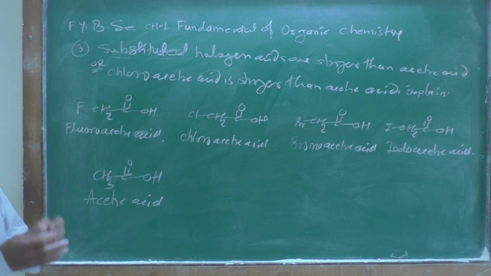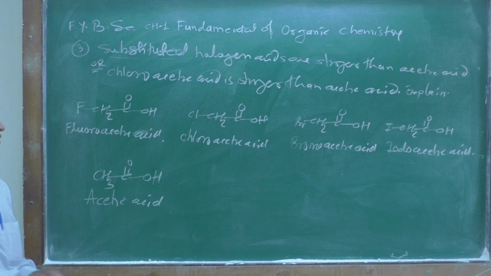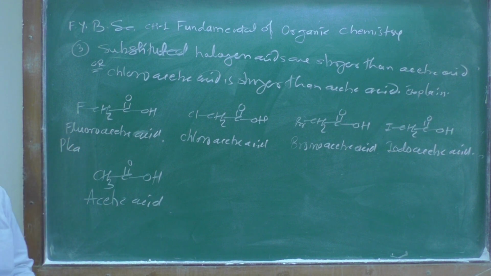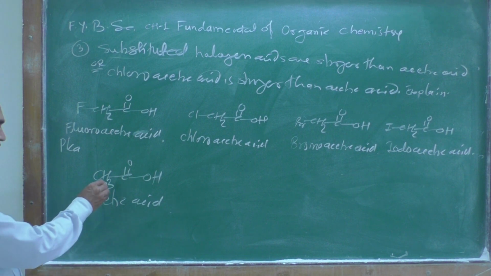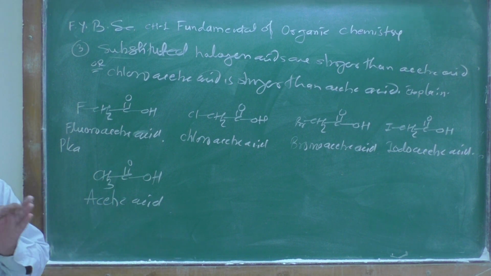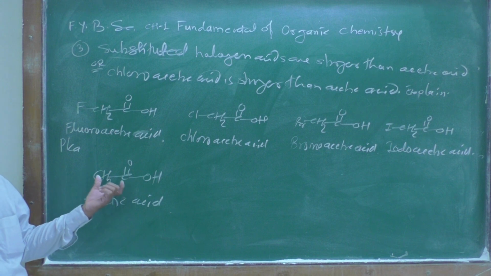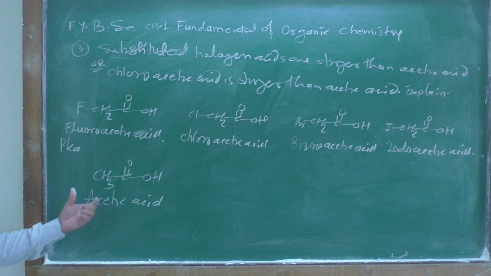Now consider their pK values. Let me write some of the pK values. As we know, as the pK value decreases, the acidity goes on increasing. Yesterday we calculated the pK value of acetic acid at 25 degrees centigrade, at room temperature.